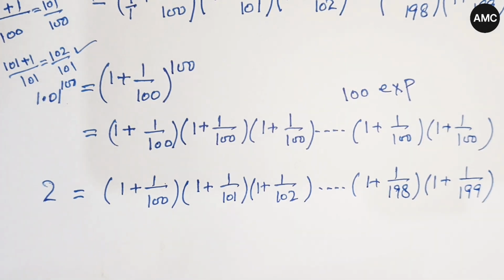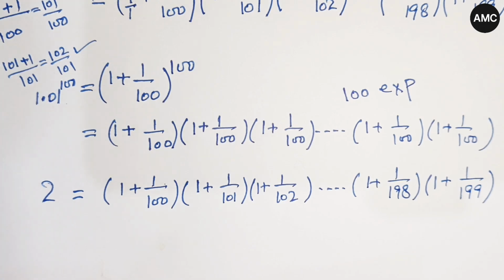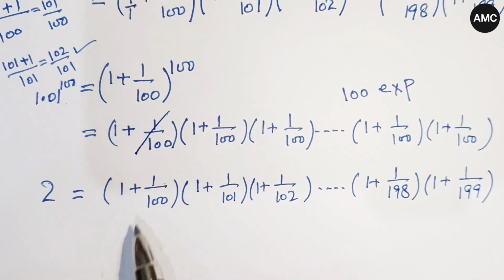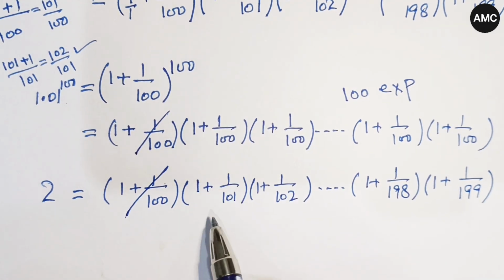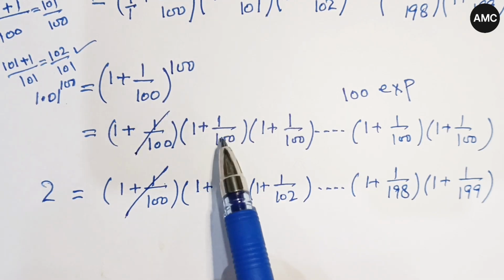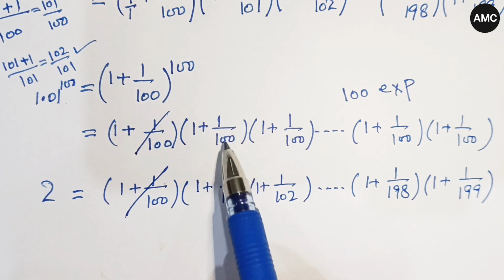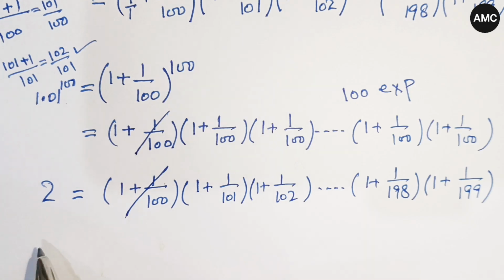If we compare these expressions, the first factor 1 plus 1 over 100 cancels with the 1 plus 1 over 100. So we get 1 plus 1 over 100 here, and 1 plus 1 over 101 there. Comparing them, it is 1 over 100 and 1 over 101.